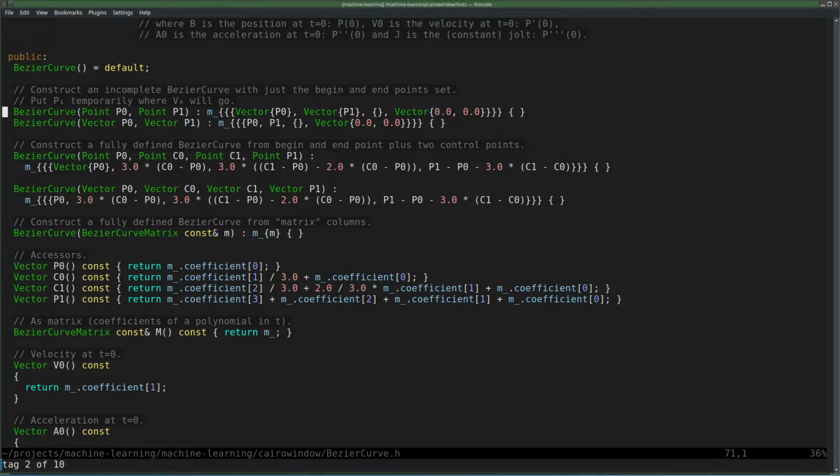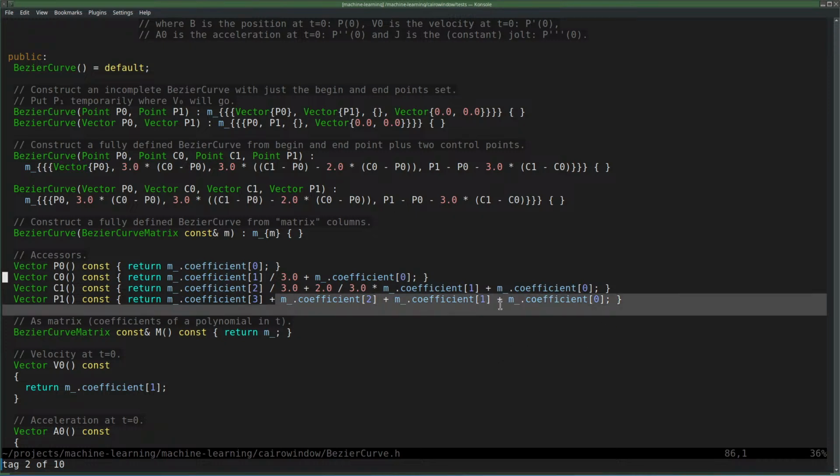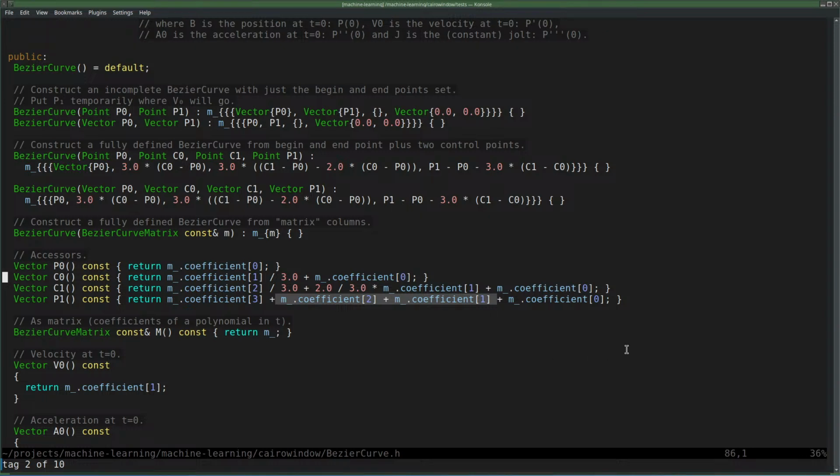Which means that I should not call P1. I think I call P1. So that used to work because this is P0 and then I had those 0 and then this was P1 minus P0. So then it still returned P1. So I'm using P1, I think, which I should no longer. That's a bug.